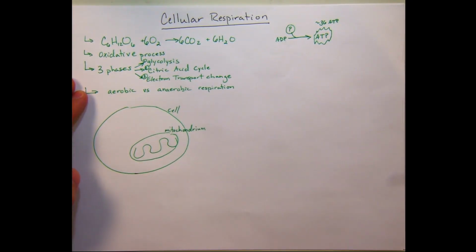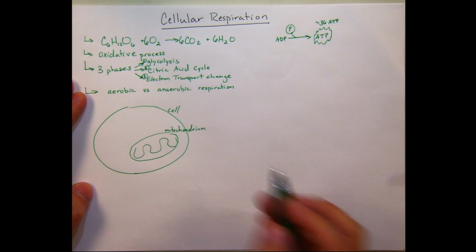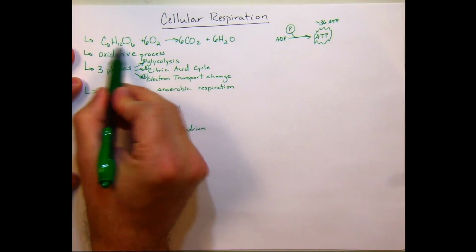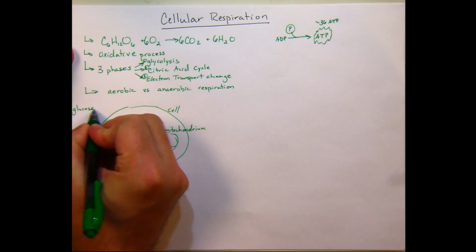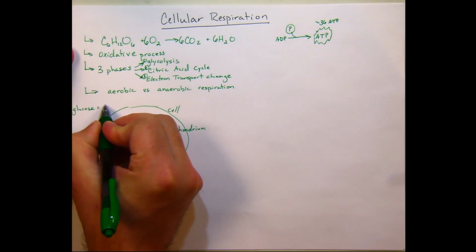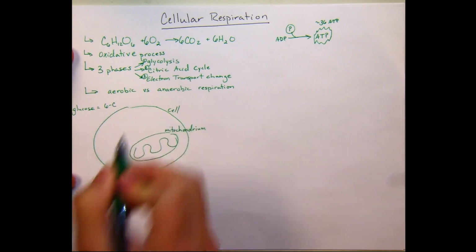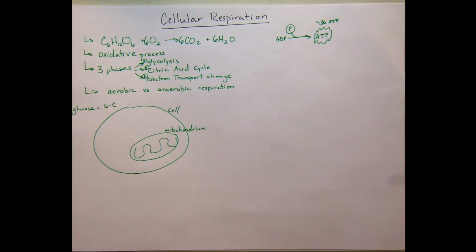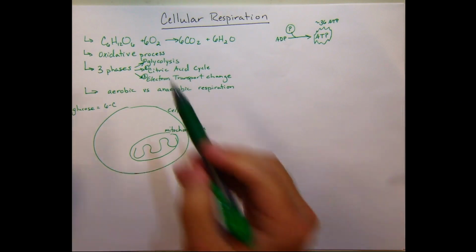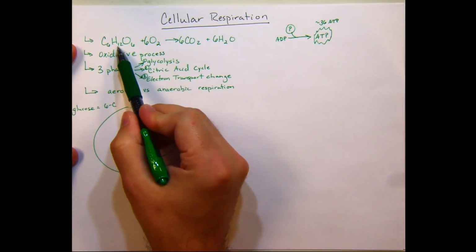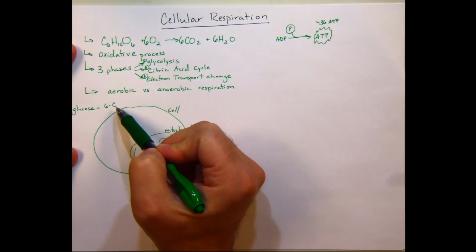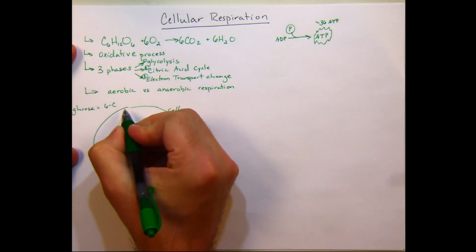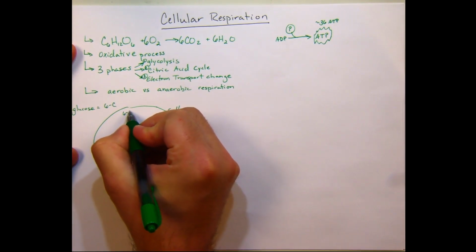So let's start off with glucose. Glucose is a 6-carbon molecule. Just for the sake of time, I'm going to leave off hydrogen and oxygen. We still need to understand that oxygen and hydrogen are there. So we have this 6-carbon molecule.